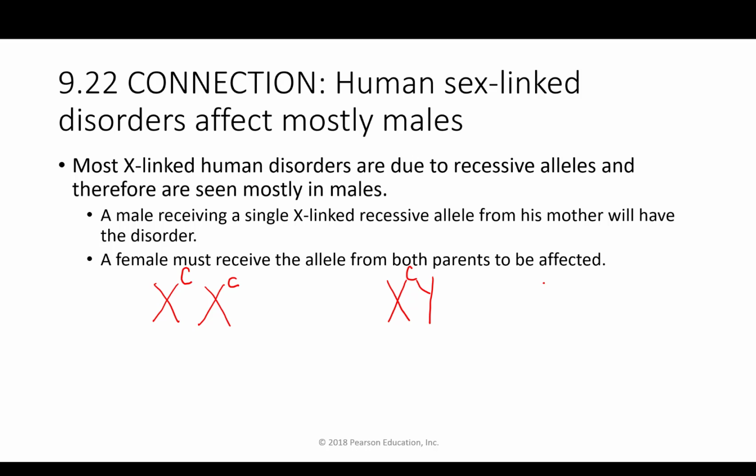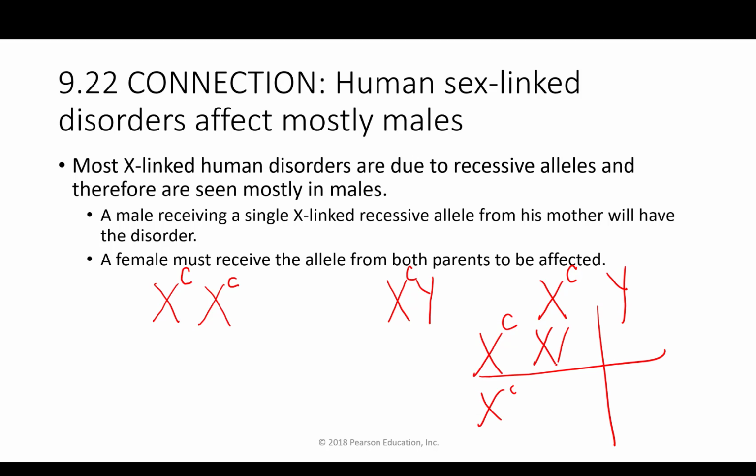So if we do the cross, just like in Mendel, she has this one, and then this little c. We see that no female is going to be colorblind, because every female will have at least one normal, non-colorblind allele from their dad.